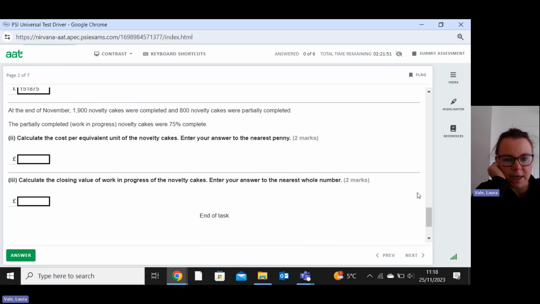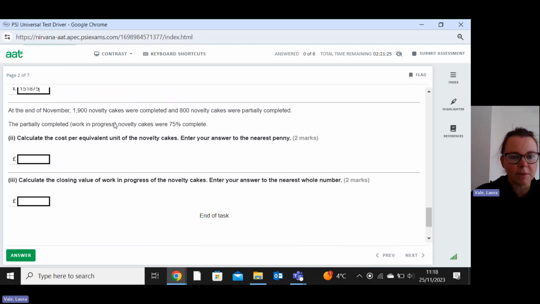The partially completed cakes were 75% complete. Right, so if we had 800 that was 75% complete, 75% of 800 is 600, so that's equivalent to 600 completed units. So the cost per equivalent unit of the novelty cakes.